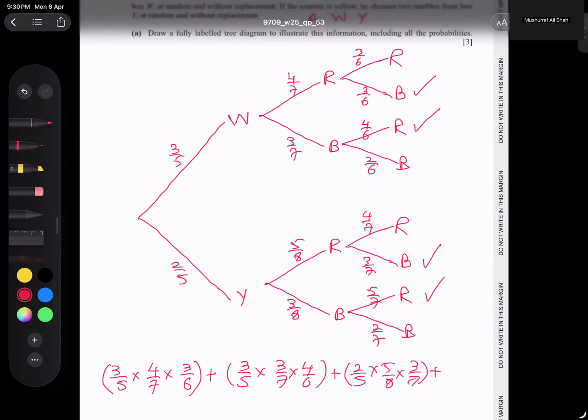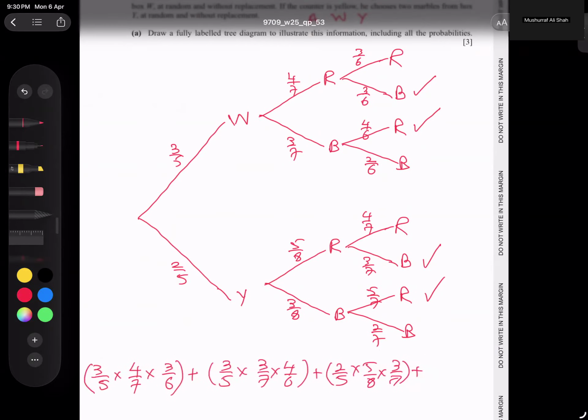I think students are understanding. The last branch, I'm writing now: 2 out of 5 into 3 out of 8 into 5 out of 7.